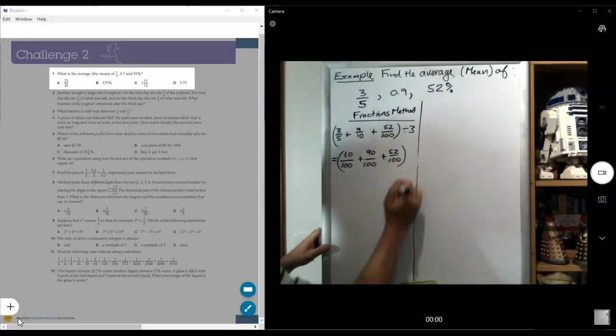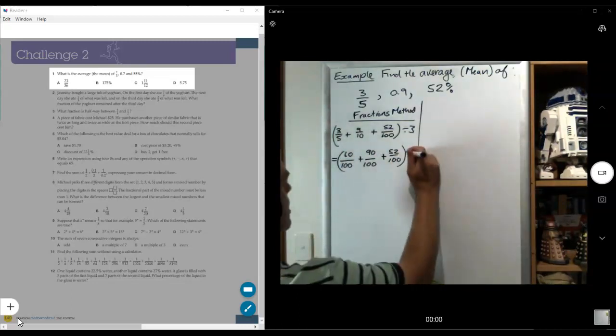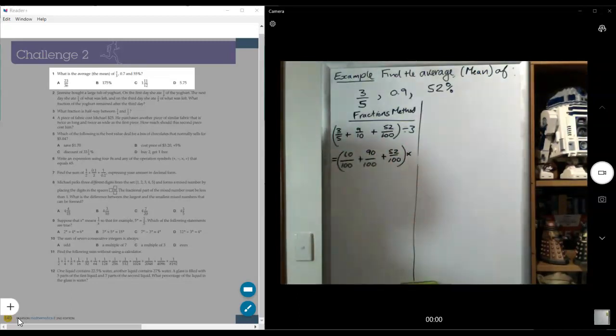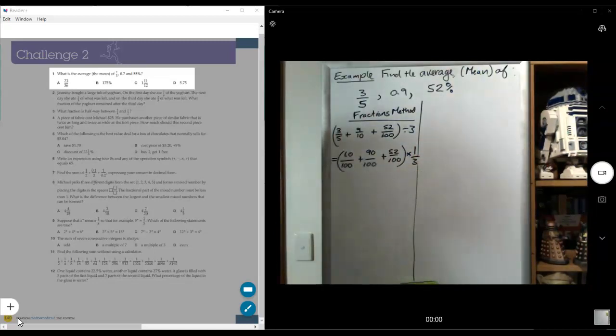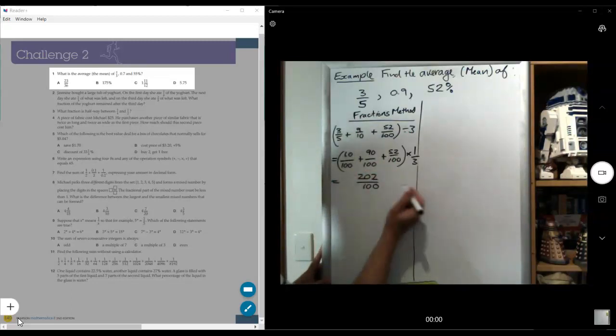And we're going to be dividing by 3, but since we're using fractions and dividing is basically multiplying by the inverse, we'll multiply by a third. So we should be able to now do 60 plus 90 plus 52, which is 202 over 100, because you just keep the bottom the same, and that's now multiplied by 1/3, which is 202 divided by 300.